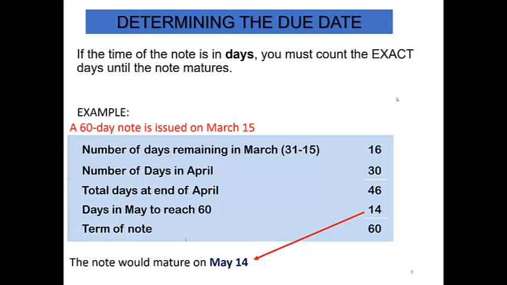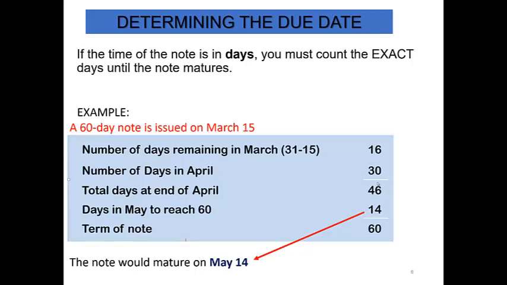All right, so the note originated March 15th. We know that there are 31 days in March, and if we subtract the number of days that have passed, which is 15, we have 16 days remaining in March. Okay, then if we add all the days in April, which is 30, we'll be at day 46. So we can't add another month.